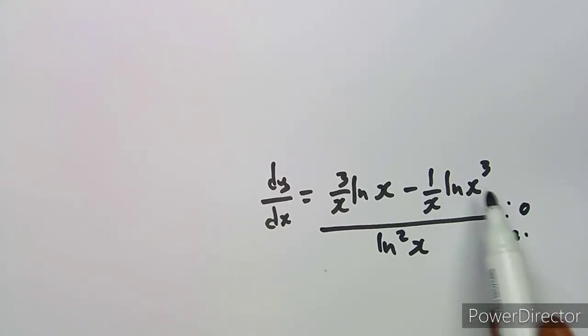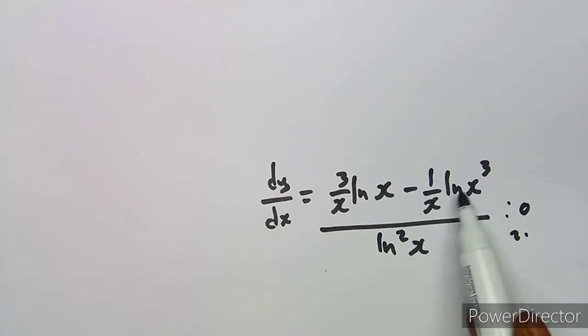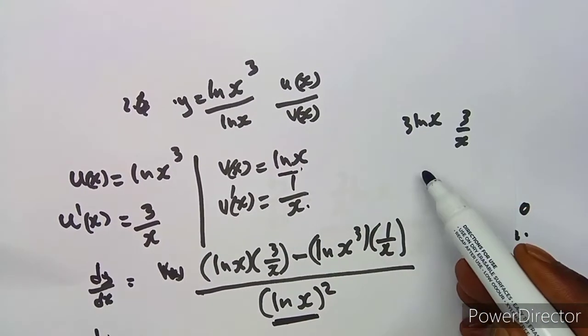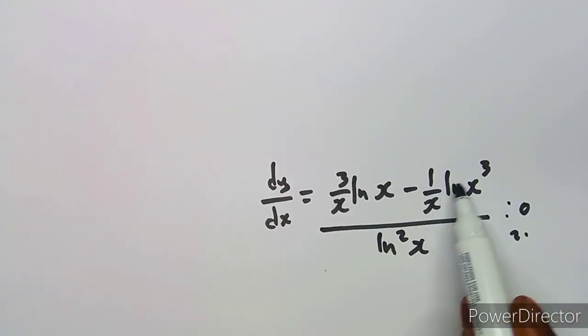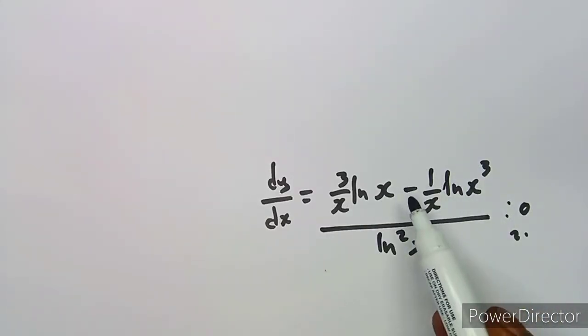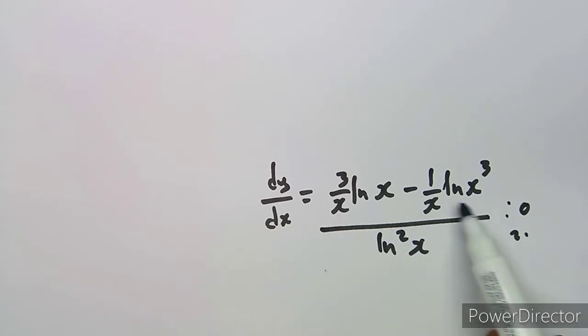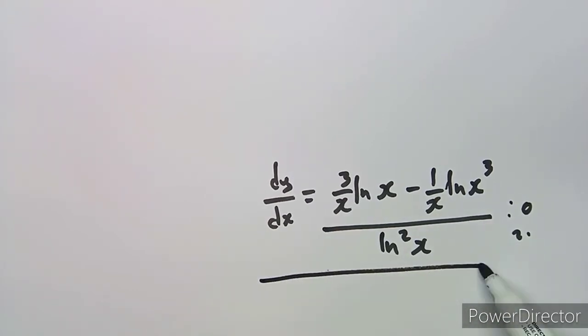If you simplify this, you're going to see that it's going to give you a 0, because if you drop this exponent, it's going to be 3 over x. As you can see, the numerator will be the same. That's our dy/dx there. That's how you're supposed to do it when applying the quotient rule, guys.